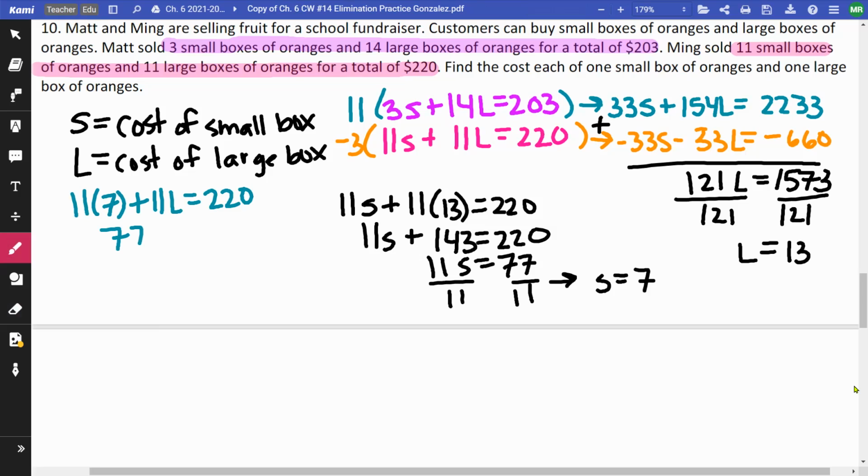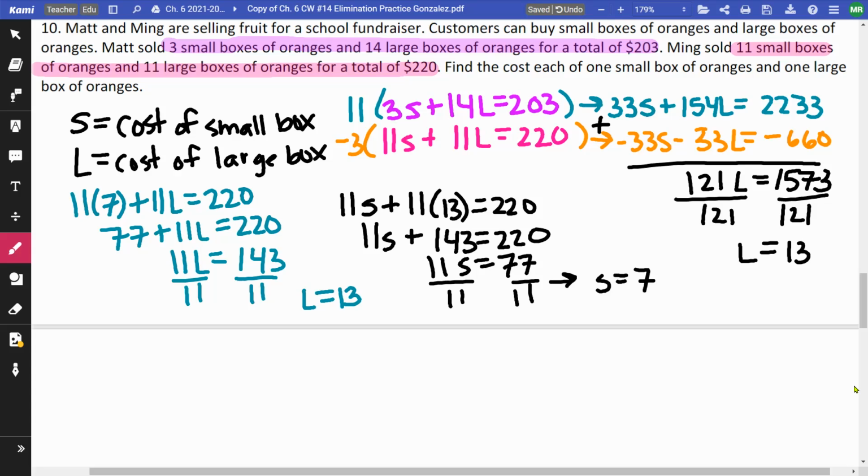So 77 plus 11L equals 220. I'm going to minus 77 from both sides, and I get 143. I'm going to divide by 11, and I get that my L is 13.